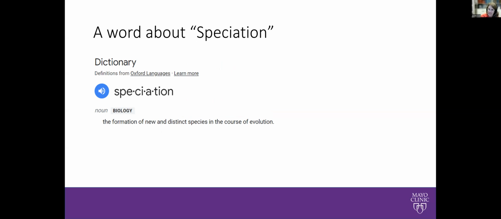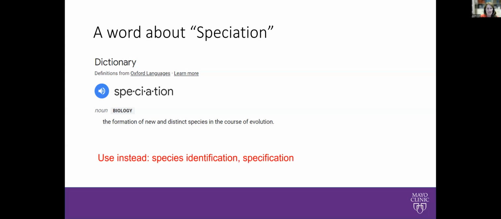Speciation, as it is officially defined, is the formation of a new species in the course of evolution. So if you had an island that was separated from the mainland and you had a species of bird that over time evolved into a new species, that would be considered a speciation event. But we do not perform speciation in the laboratory. So instead, you should say species identification.